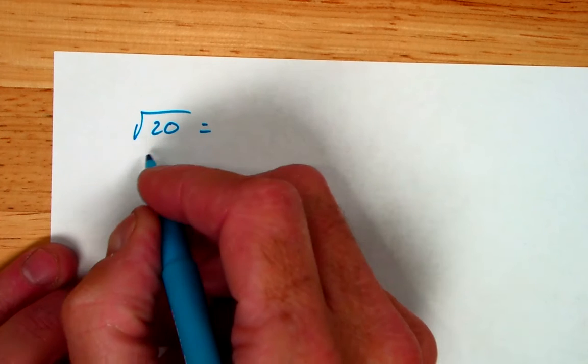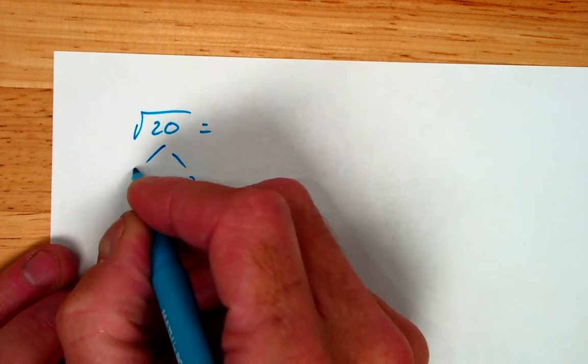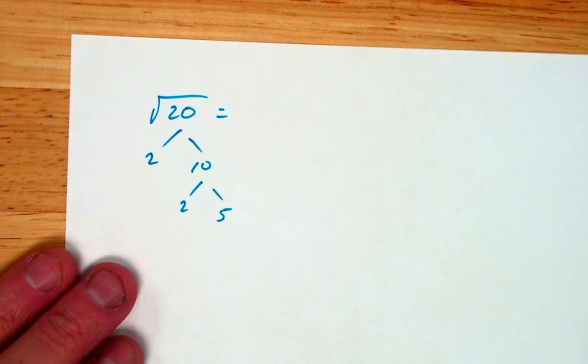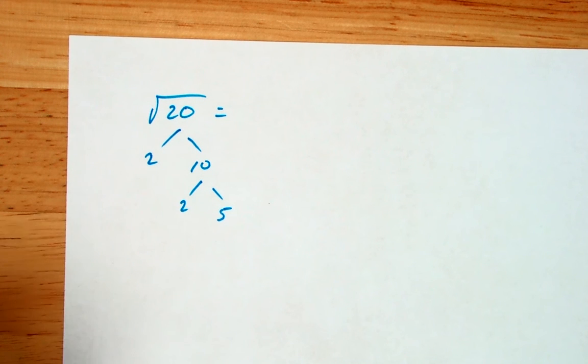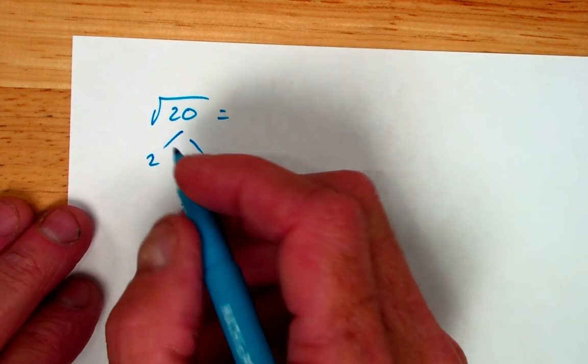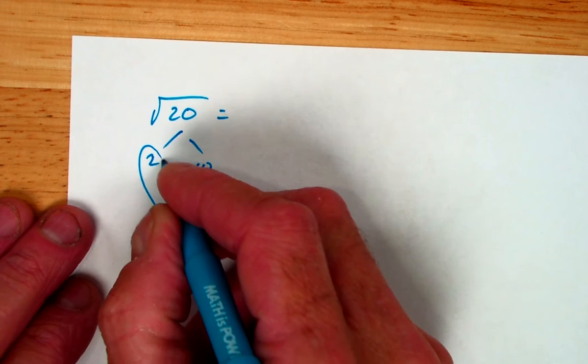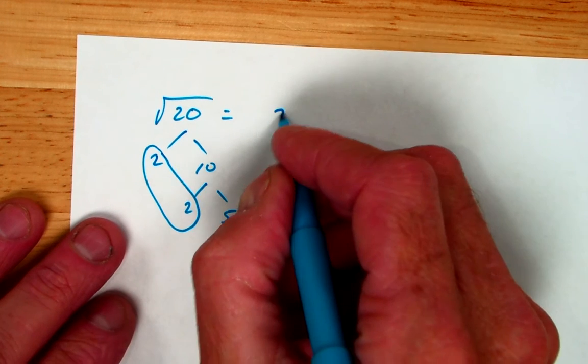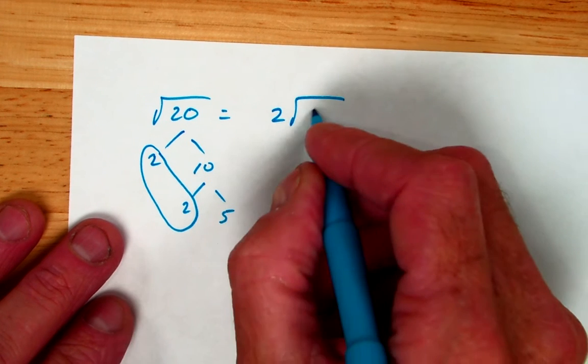So this one, here's what you did. 2 and 10. 2 and 5. And you can find that prime factorization a couple different ways. If it's square roots, you're looking for a pair of things, right? So this pair of things, what were you guys told after that? You put the 2 on the outside and the 5 on the inside.